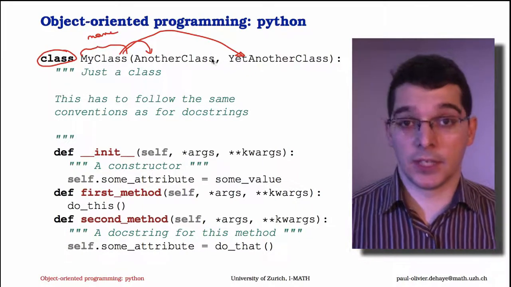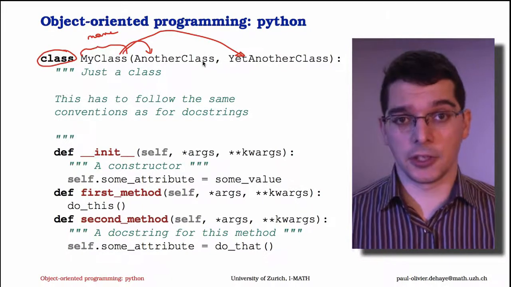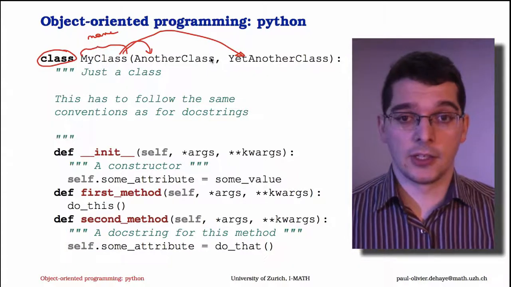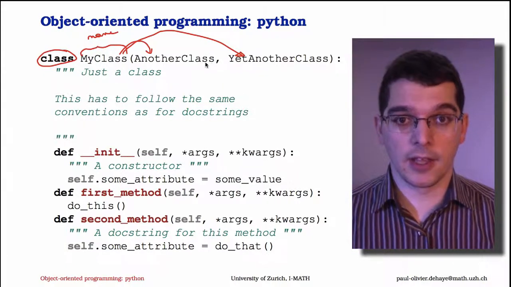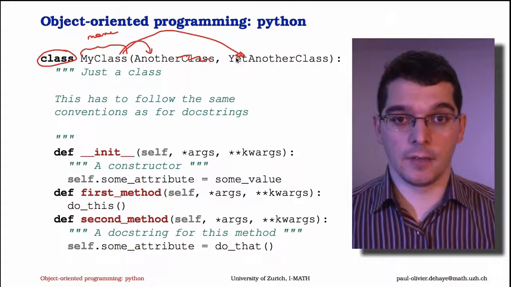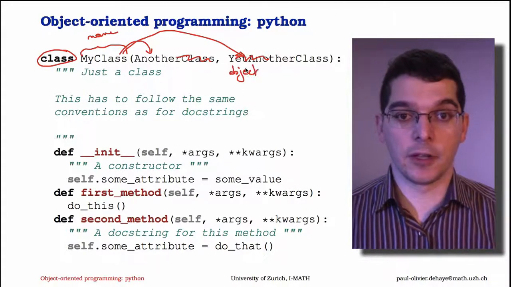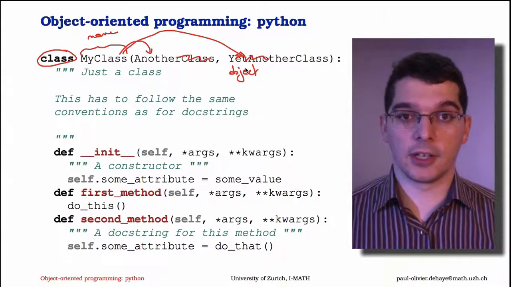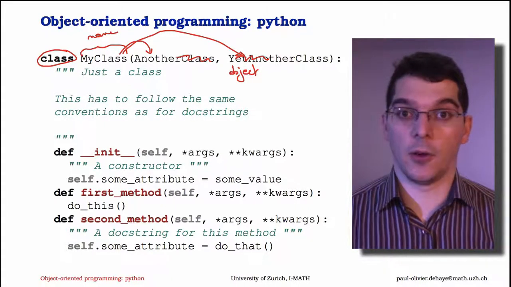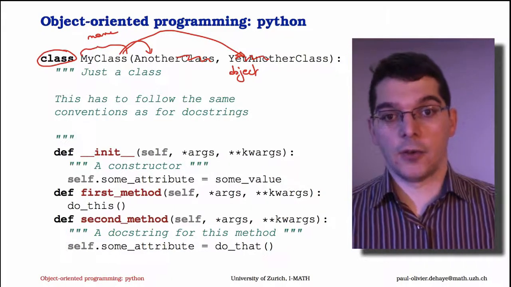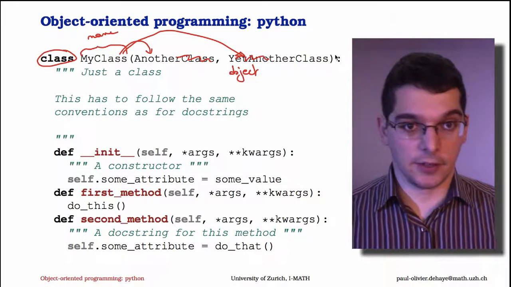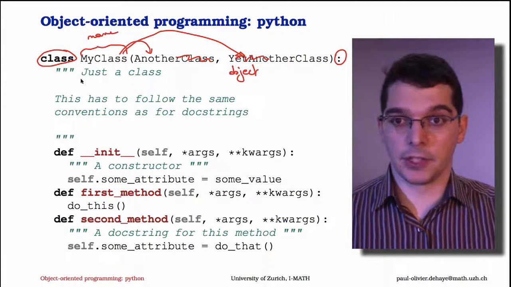So this is called inheritance, and I'll delay discussion of this to next week. If you don't want to use inheritance, and you shouldn't use it to start with, instead of those things here, you should just have object, which is, if you want, the most standard class that all the other classes should inherit from. Okay, and then there's a colon, kind of like function definitions.